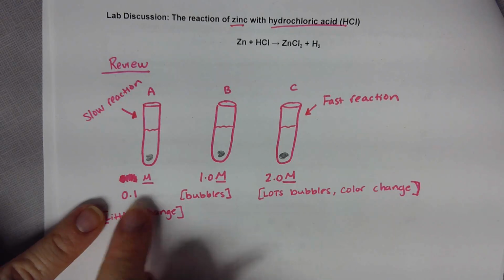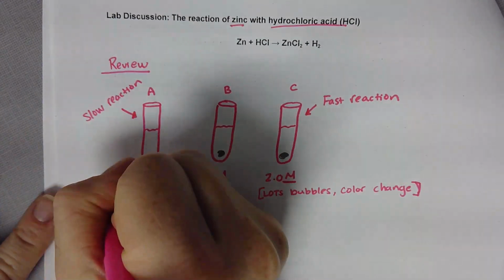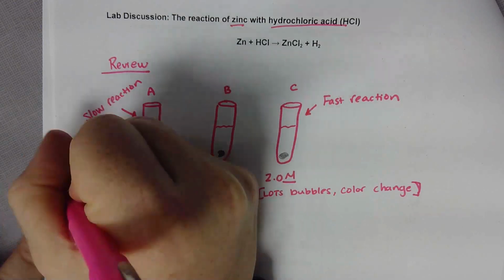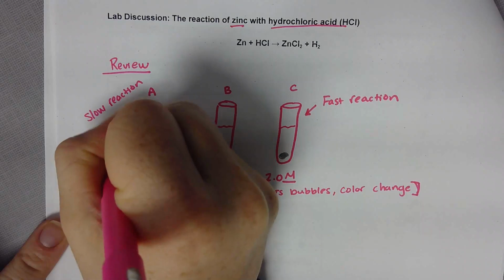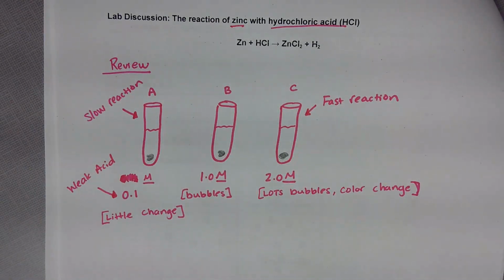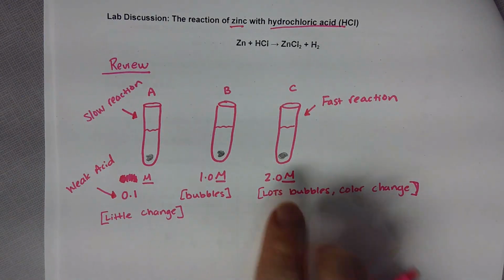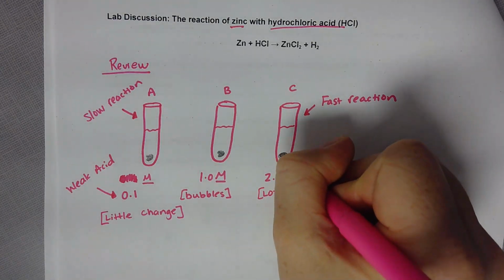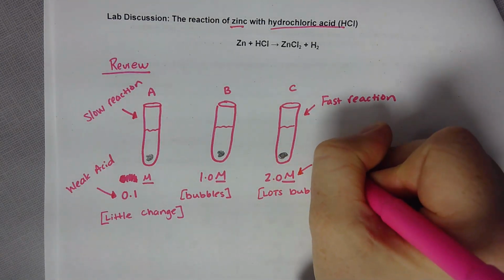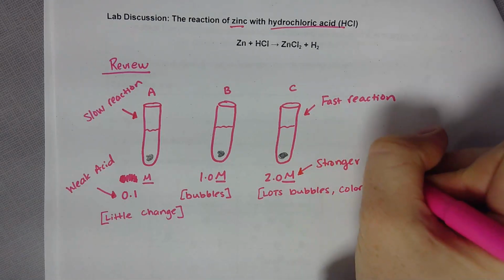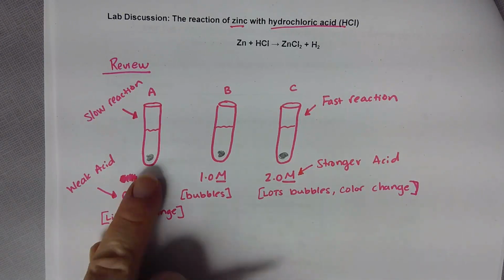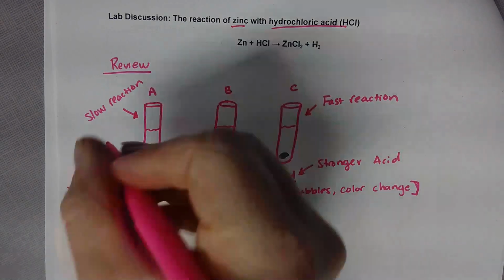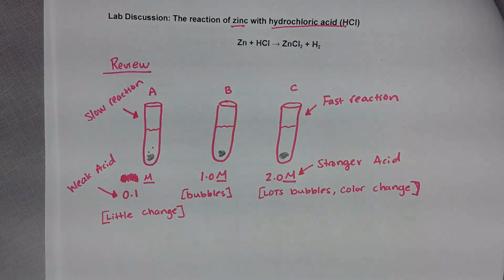In A, we have a very small number with a very weak acid. In C, we have a larger number, which indicates a relatively stronger strength acid. Okay, so we're on the same page. Test tube A, very slow reaction. Maybe you saw like 2 bubbles.